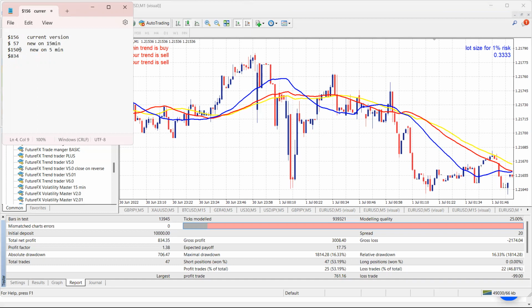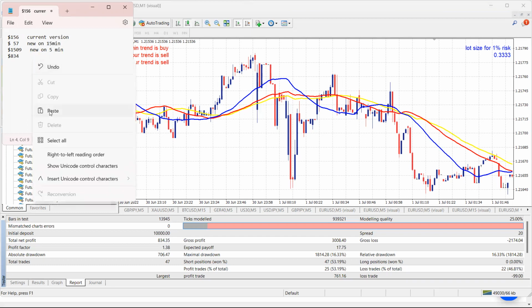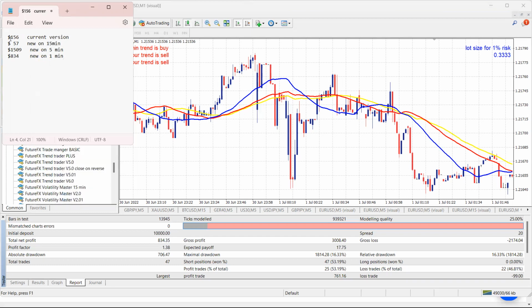I know I'm being pedantic here now, aren't I? Okay, so that's the result. So it worried me a minute when we went less on this one, but the lower time frames were still better by so much. It's not funny.